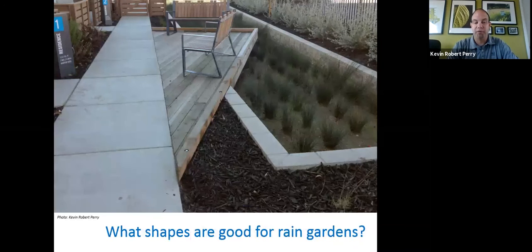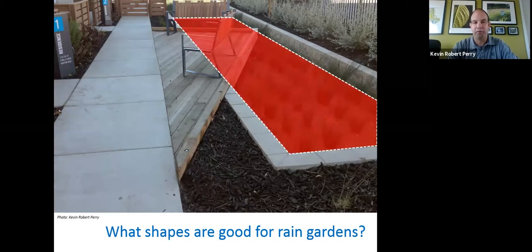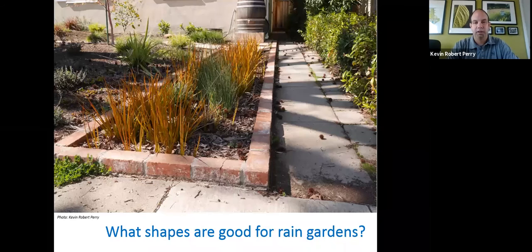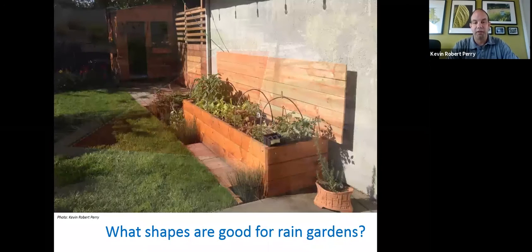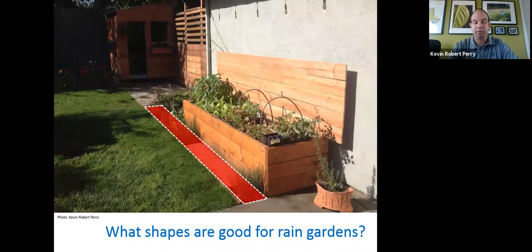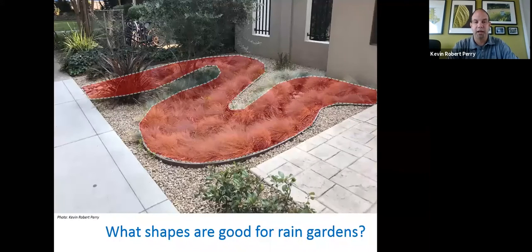What are some good shapes for rain gardens? The simple answer is pretty much anything goes. You can have more formalized rectangular shapes, such as this, or even skinnier rain gardens. As long as they meet the space requirements, they're good. Or you can get a little bit freeform.